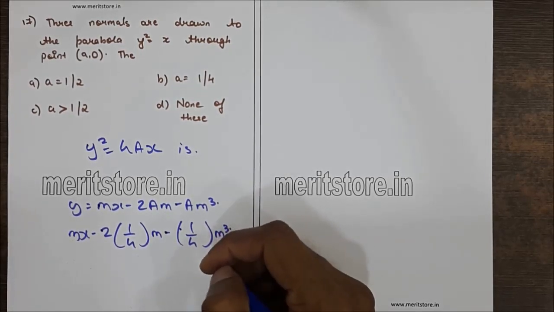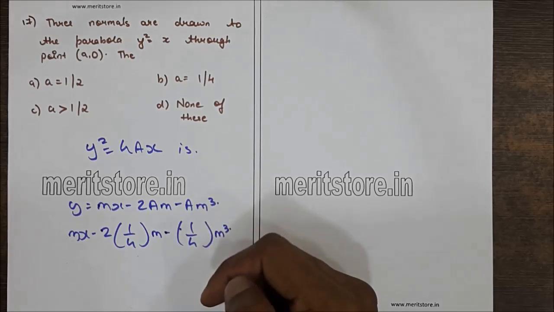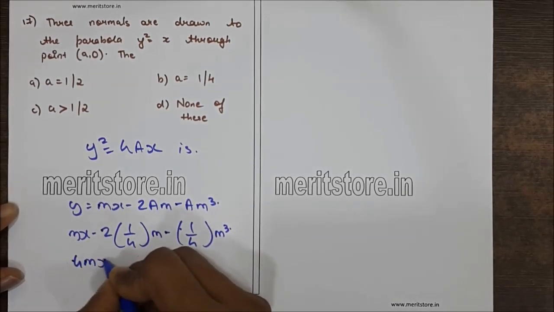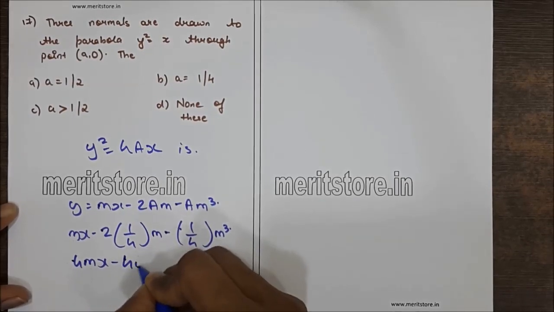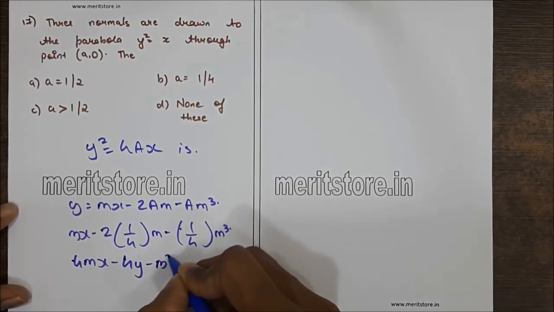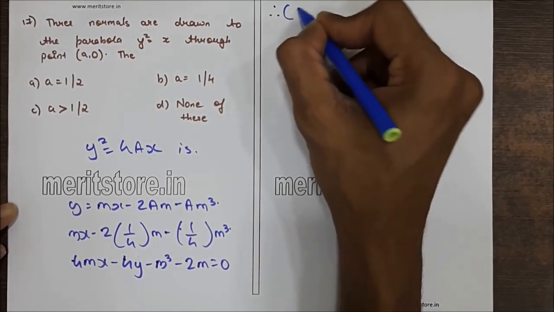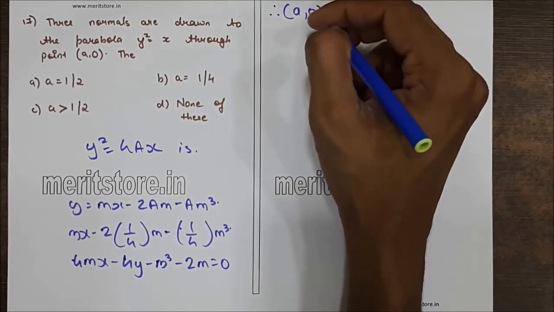Since we have y square is equal to x, we get a is equal to 1 by 4, so we can write this as 4mx minus 4y minus m cube minus 2m equal to 0. Therefore, (a, 0) lies on the normal.